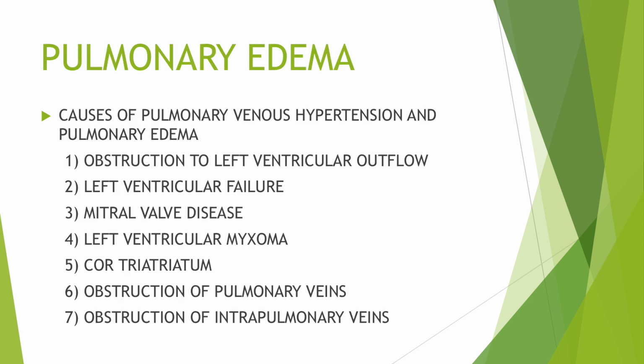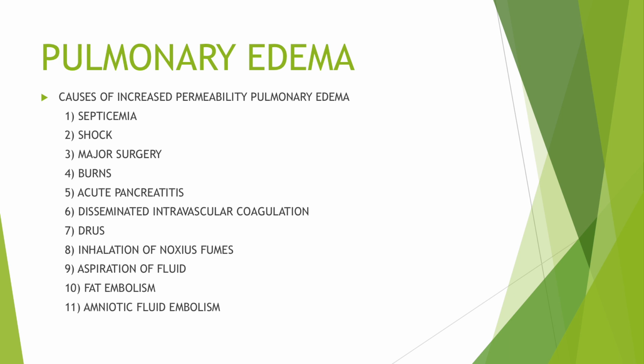We have different causes of pulmonary venous hypertension and pulmonary edema, and this may be due to obstruction to left ventricular outflow, left ventricular failure, mitral valve disease, left atrial myxoma, cor triatriatum, obstruction of pulmonary veins, and obstruction of intrapulmonary veins.